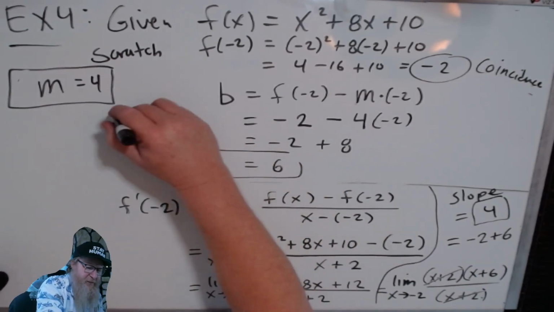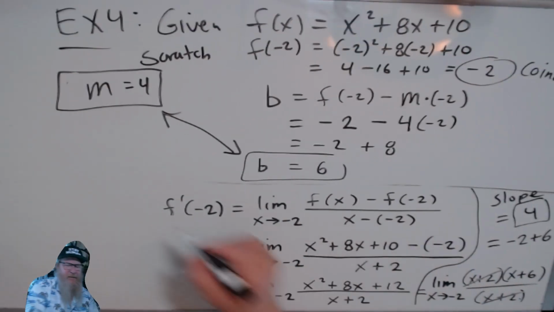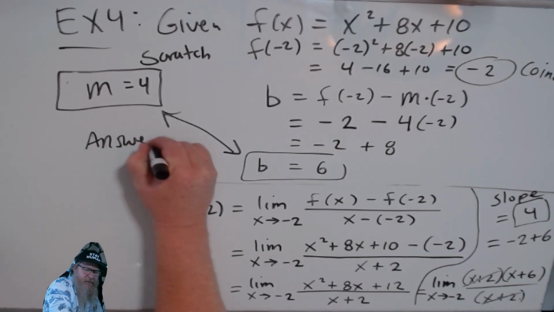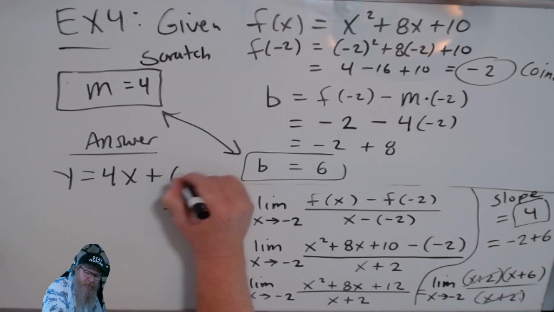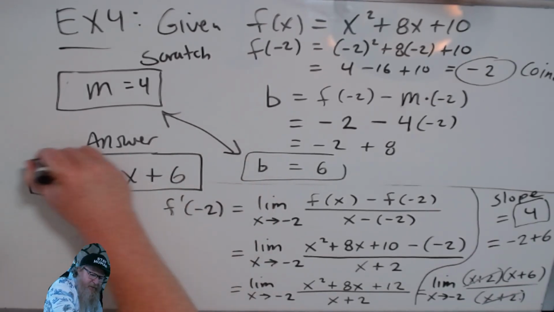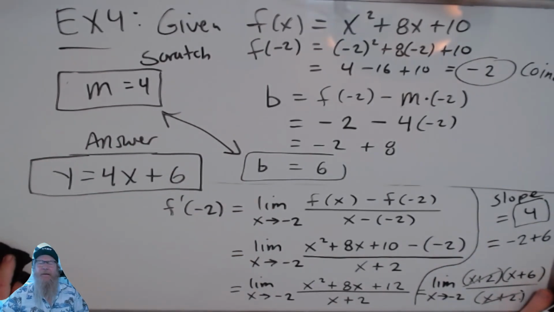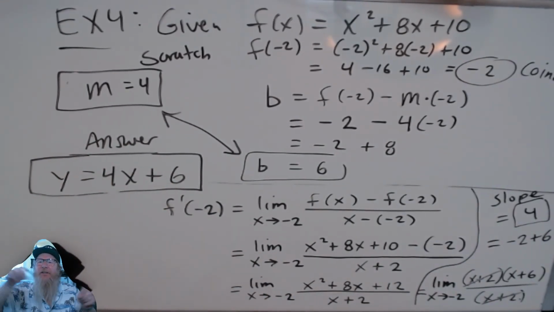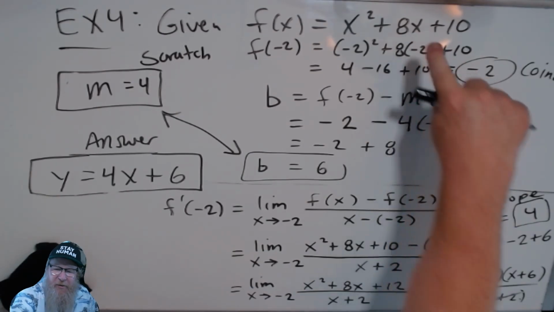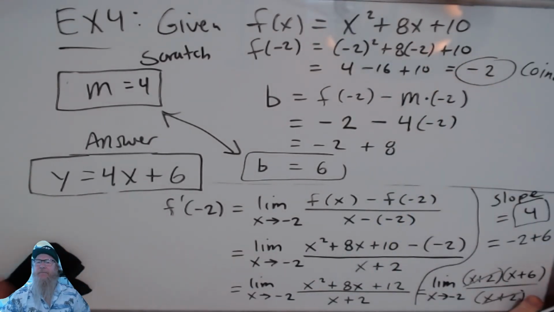And then we put these two together, and our answer is y equals mx plus b. So this is the equation of that tangent line to this function at that point.